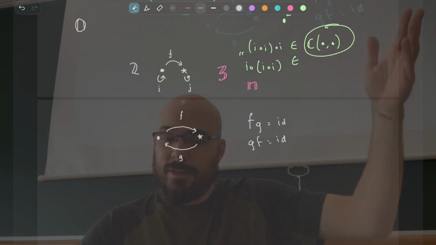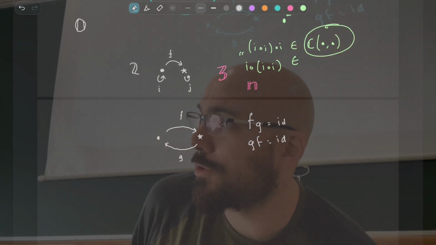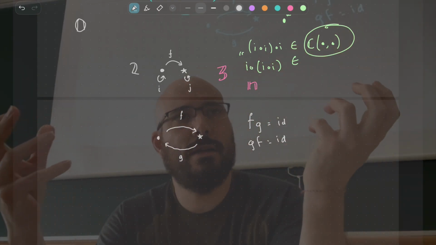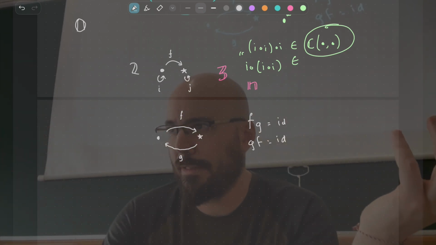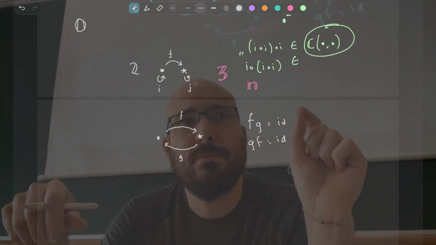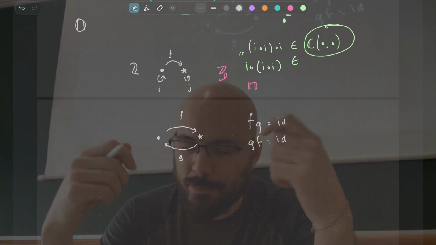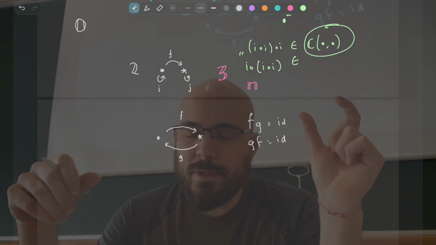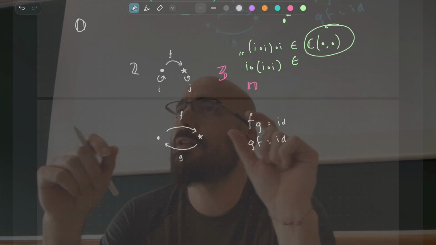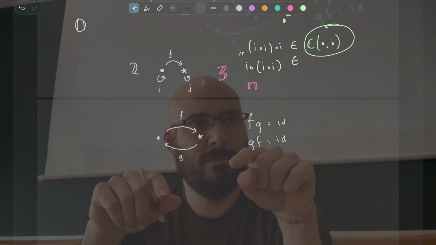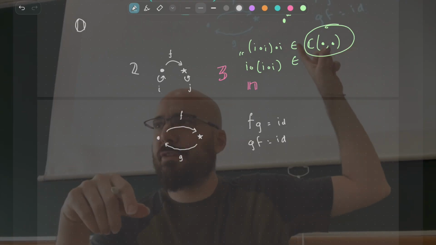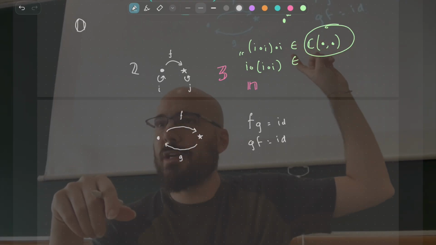In this sense, you want the most economical thing to be generated. But be careful here, because when you generate a group out of some generators, or a monoid or a category, when we say the most economical, we don't mean in terms of how many things it has in it. The most economical generated by f and g is this one actually, that only has these two.